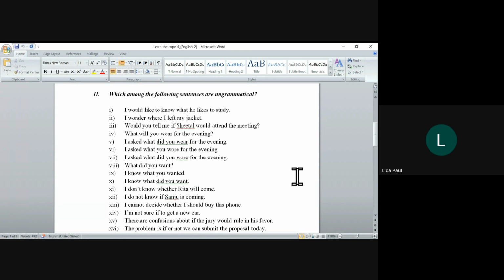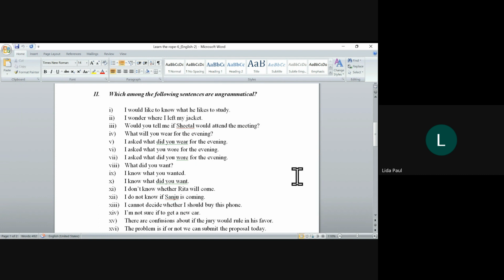If no, why? It looks not right because of would, but this is a grammatical sentence. There's nothing ungrammatical there.